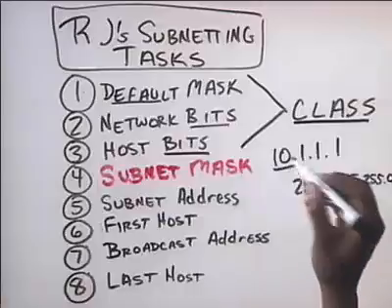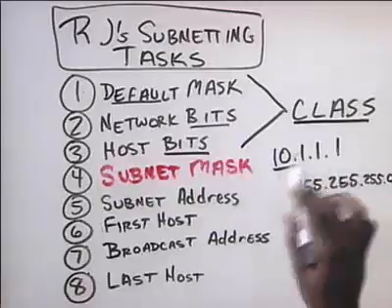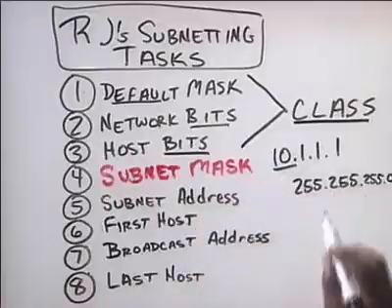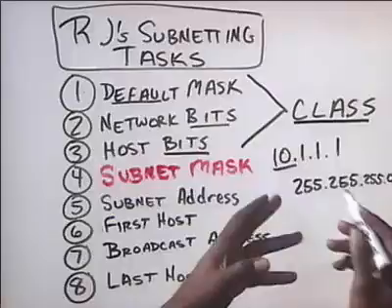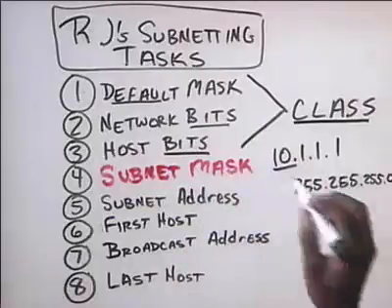They'll say, oh, it's a Class A. But I'll say, what class mask is this with this address? And they'll say, well, that's a Class C mask with a Class A address. And that's actually not correct.